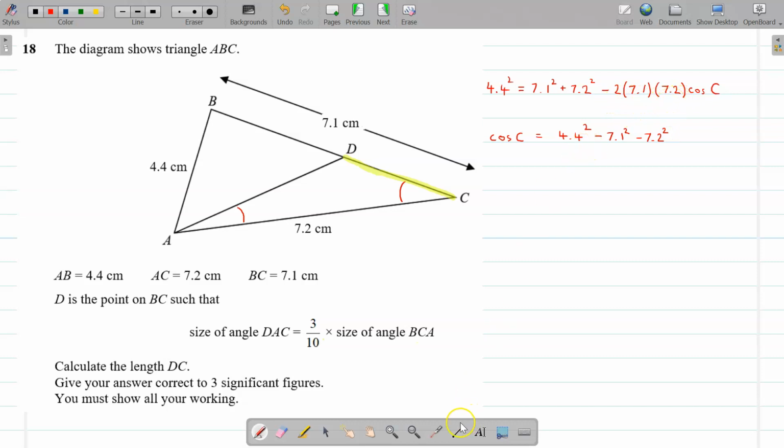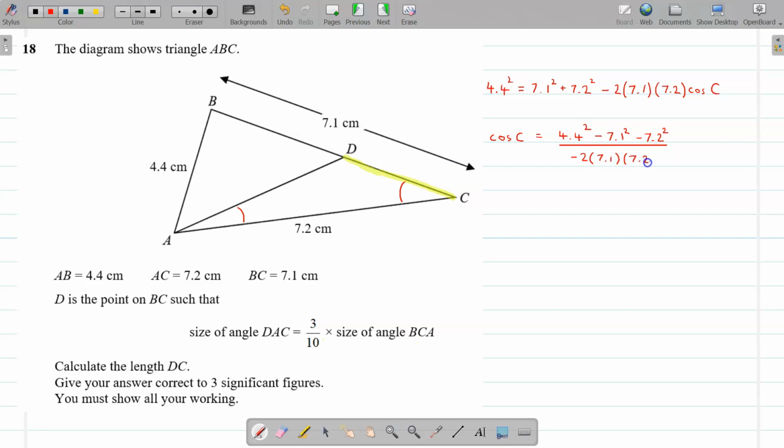And then I need to divide the whole thing by the bit in front of the cos C, which is negative 2 times 7.1 times 7.2.